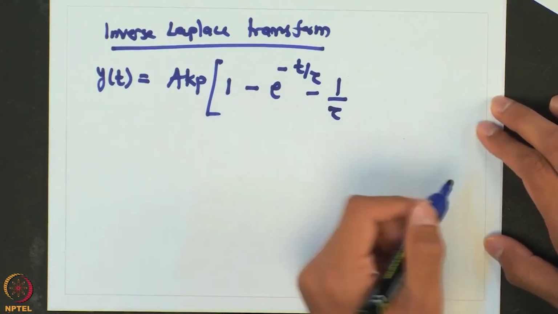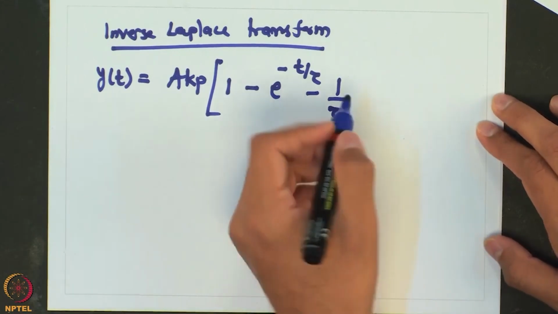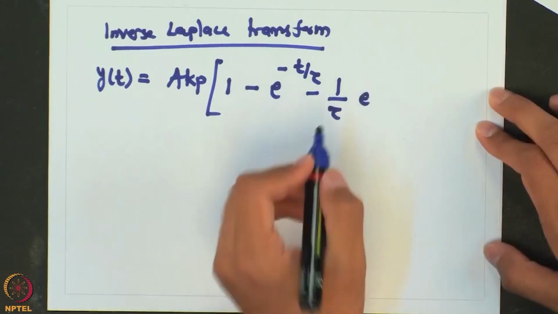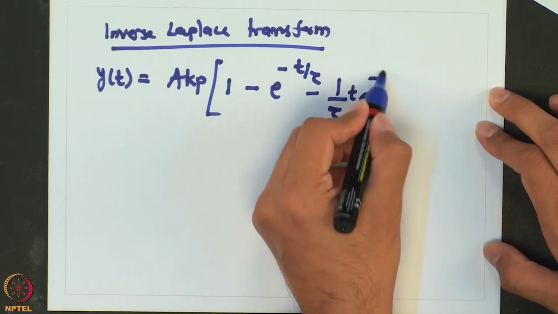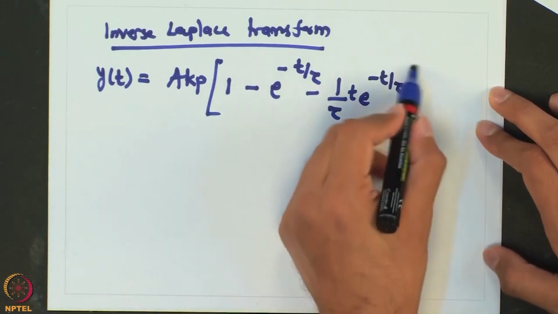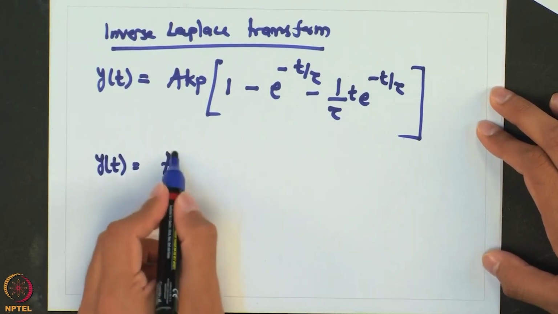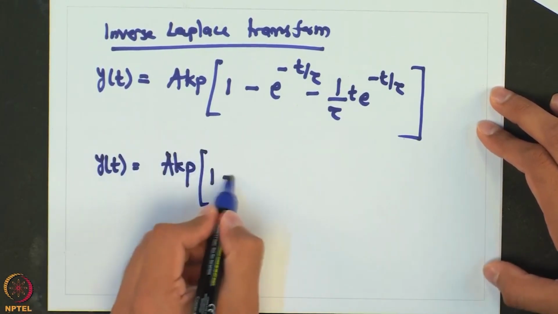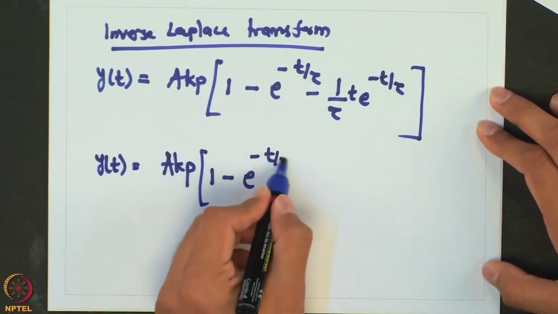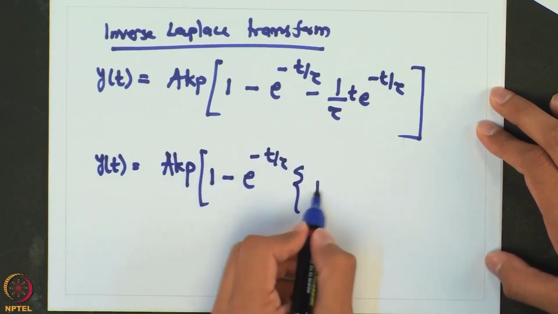The inverse of that will be t times e raised to minus t over tau, which we can condense and write as AKp times 1 minus e raised to minus t over tau times 1 plus t over tau.